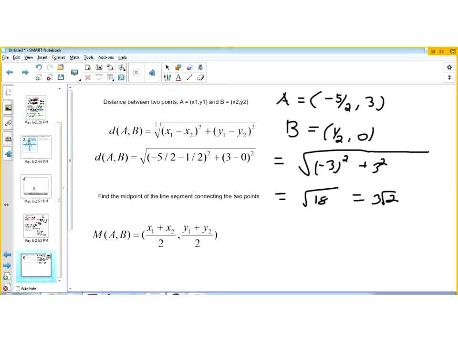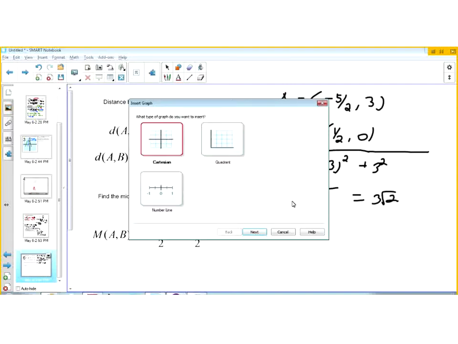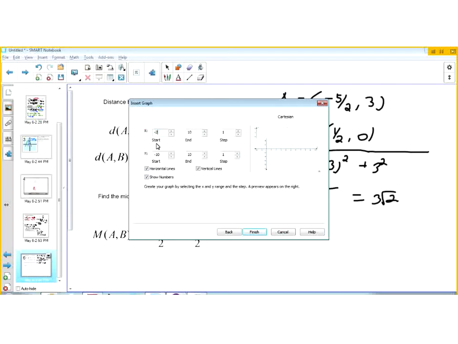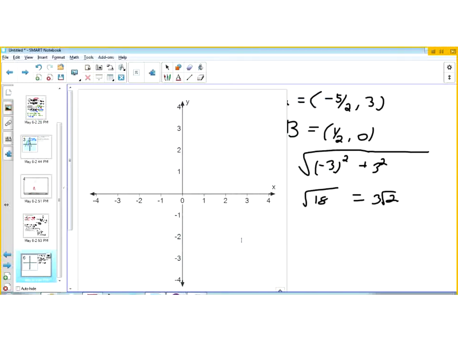So if we have A and B, and say we plot them in the XY plane. So let's see if I can do that, the graph wizard. Next. So let's start at -4 and go to 4. And then y will just make a square grid, -4 to 4.